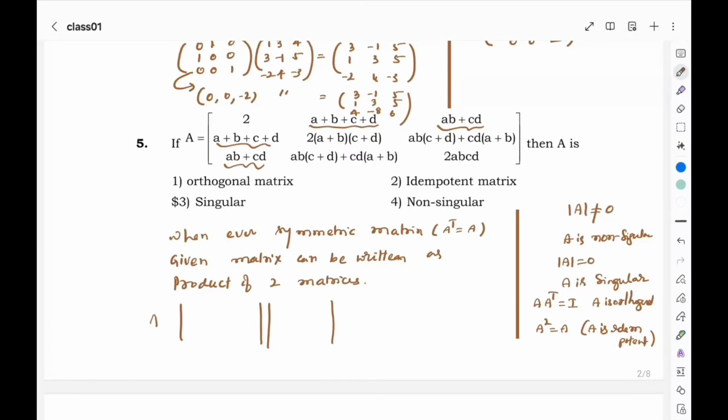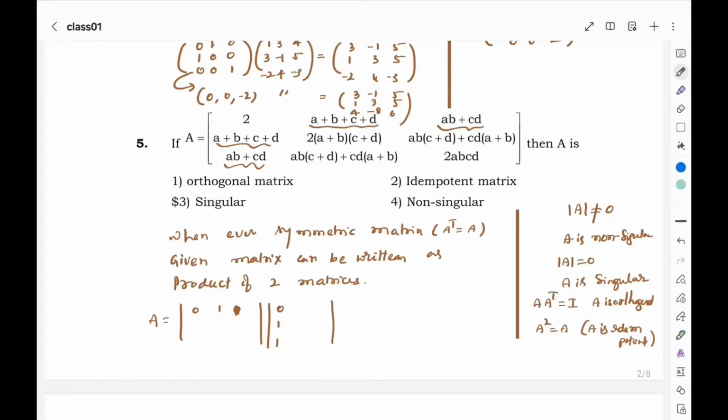Let us say this I already named as A. If I write 1 0 0, I want 1 here. I'll make it 0, 1, 1.